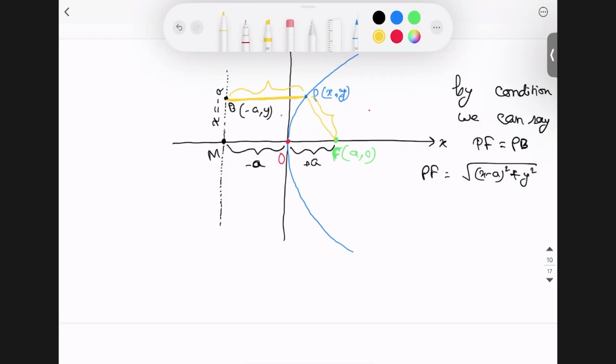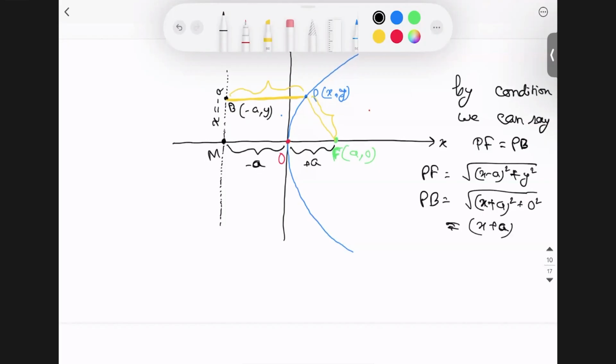Now we can find the distance of PB, and the PB will be the square root of (x plus a) whole square plus 0 square. Why 0 square? Because y minus y is 0, which implies x plus a.